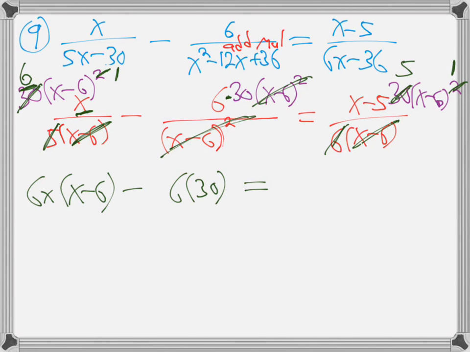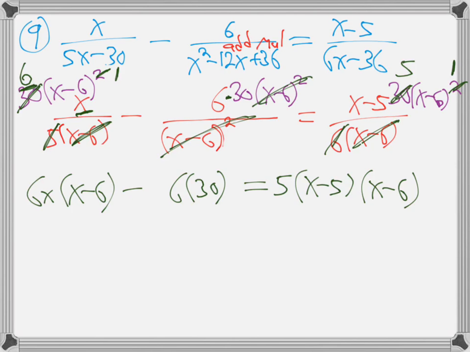This one's a mess. What are we left with? 5, x, and x minus 6. Do you see what happened on that right fraction? 5x, x minus 6 is left over after the cancel.